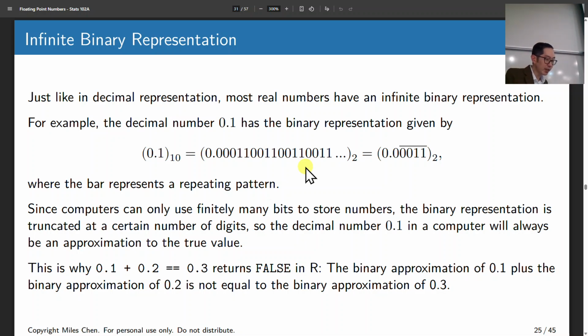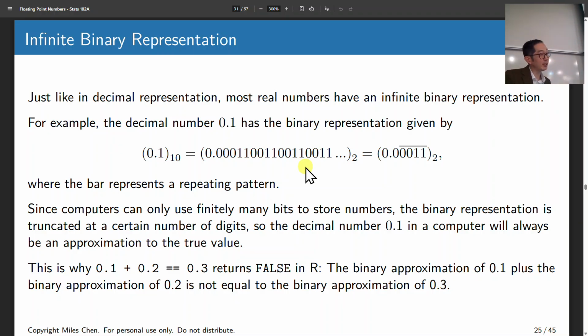A lot of our values, I would actually say most of the real numbers, have an infinite representation in binary, just like most values have an infinite representation in decimal, and things like 1/3 in decimal have an infinite representation, 0.33333 going on forever.